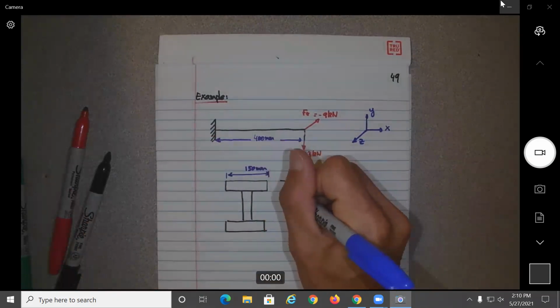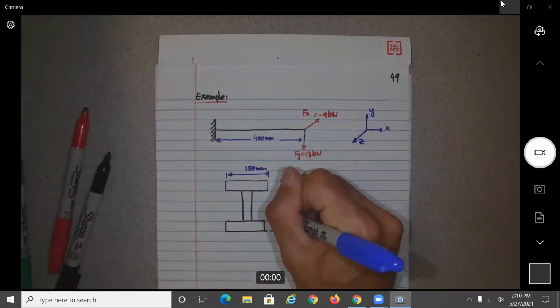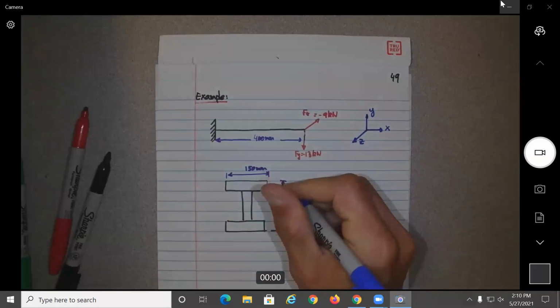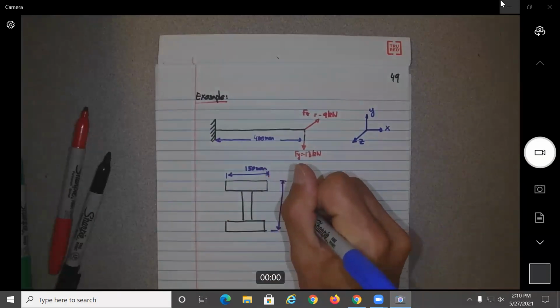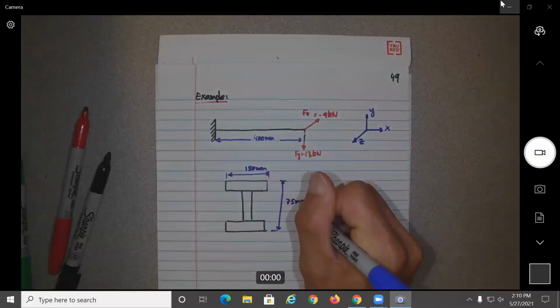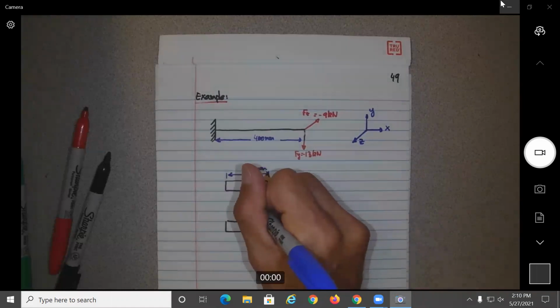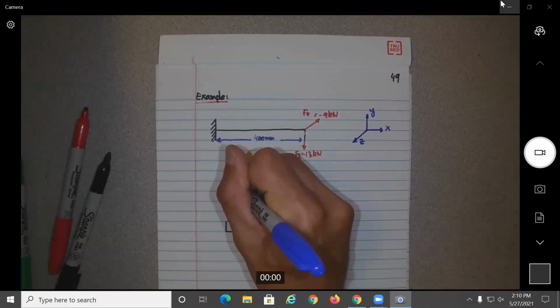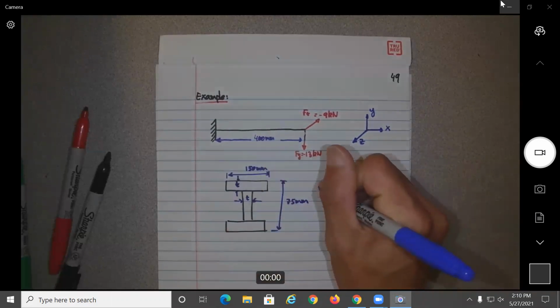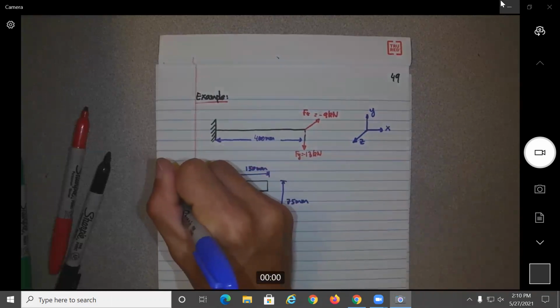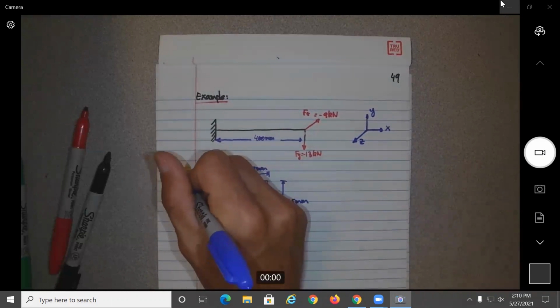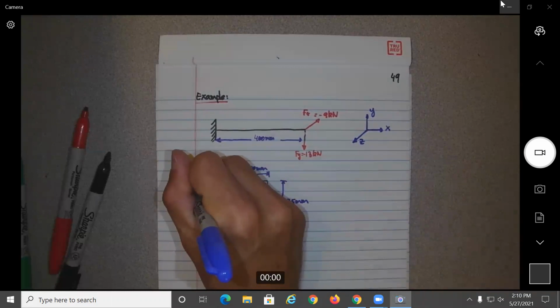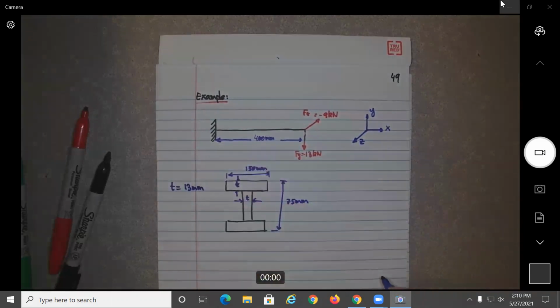The height of the beam, so it's not at all to scale, is 75 millimeters. And the thickness of all of them, T, is 13 millimeters.